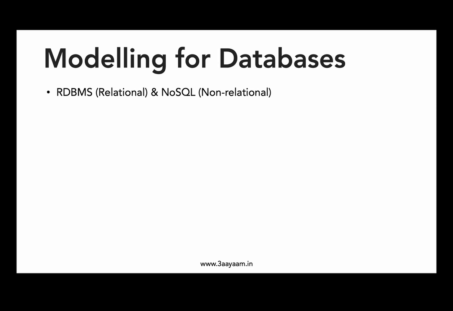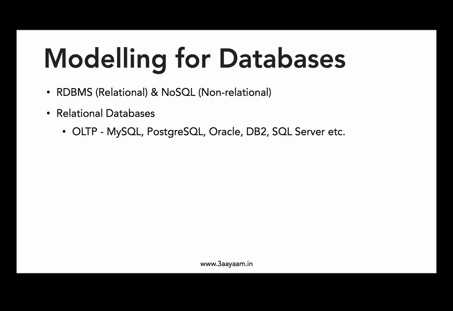So when I talk about relational databases, for example, we have OLTP databases or online transaction processing databases like MySQL, PostgreSQL, Oracle, IBM DB2, Microsoft SQL Server, etc. These are mainly used for operational purposes. And then we have OLAP databases also, or data warehousing systems like Redshift, BigQuery, Teradata, maybe Hive, Azure Synapse, etc.